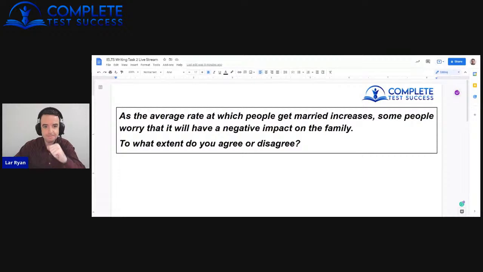So my first question for you with this is, we're comparing something, and it doesn't explicitly say compare A and B, but essentially we do need to compare two groups of people. So what I want you to do is look at this question and tell me, what two groups of people are we comparing with this?